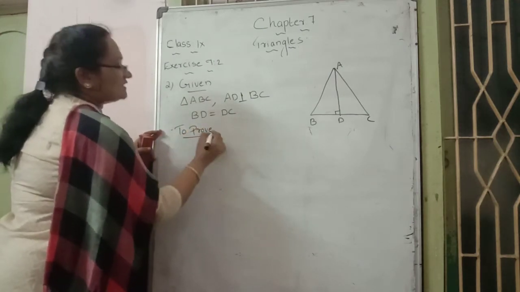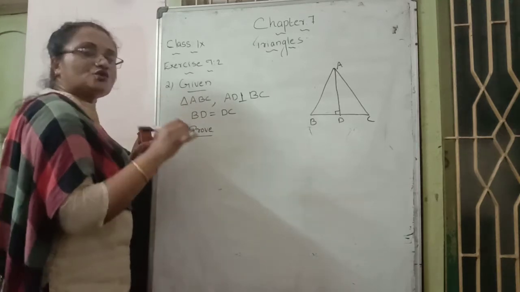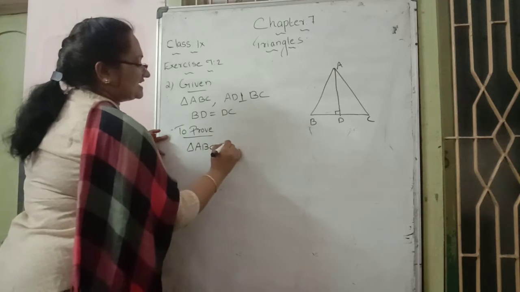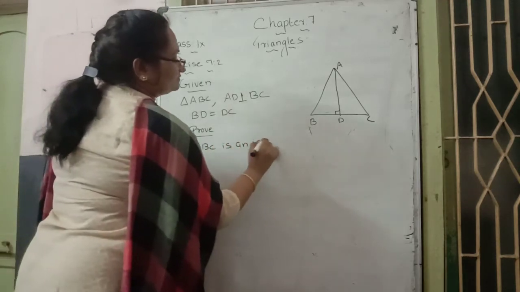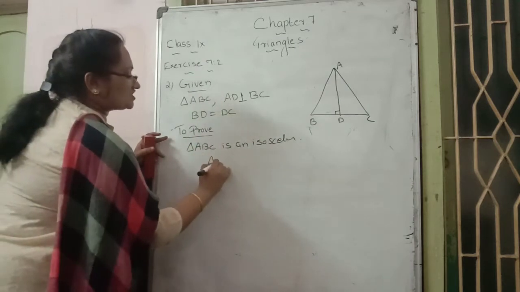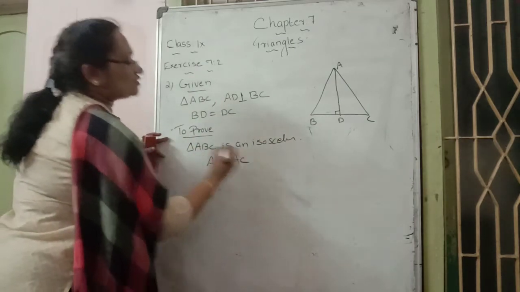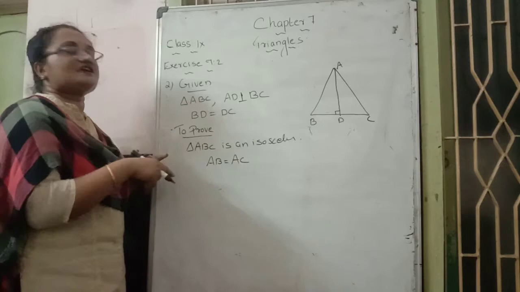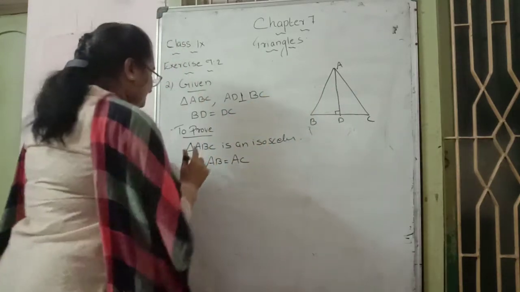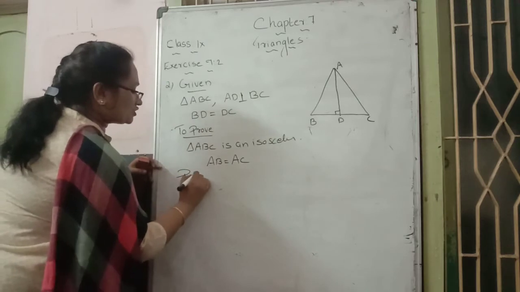Second step: what do we want to prove? We want to prove that triangle ABC is an isosceles triangle. In an isosceles triangle, AB side is equal to AC. So we want to prove AB and AC are equal; this is not given. Then the third step, proof. How to prove this?